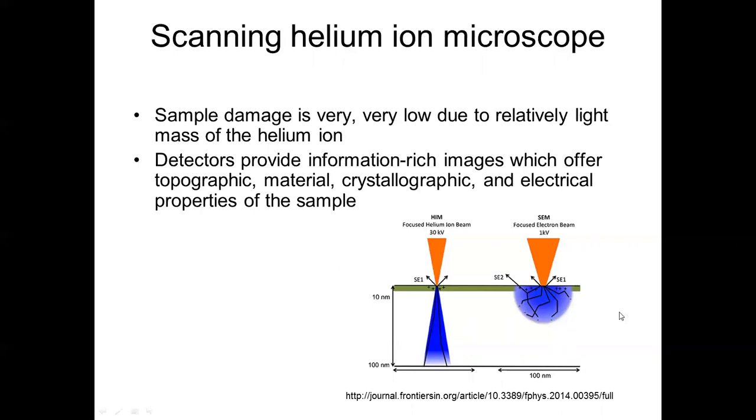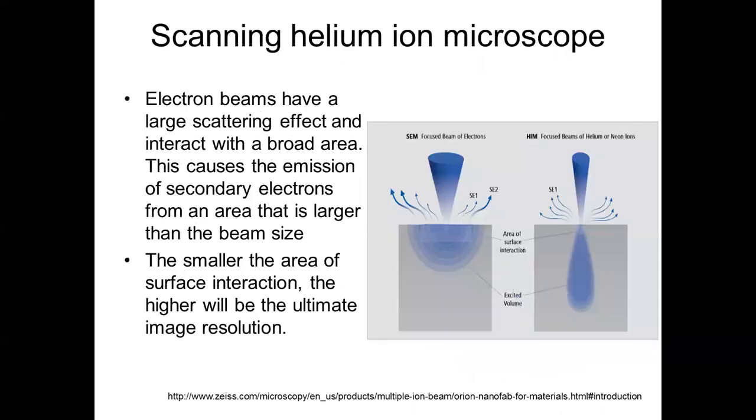We can see this in our cartoon here at the lower right-hand side, that we have this helium ion beam. Basically what it does is it gives us a narrow interrogation spot, whereas in the SEM with the electron beam, we have what's referred to as straggle, the blooming of the electrons at the interaction with the material.